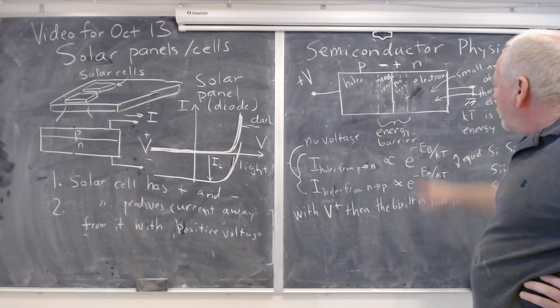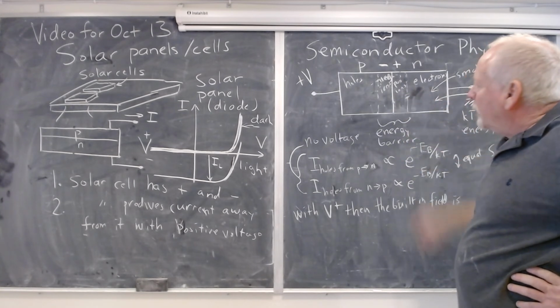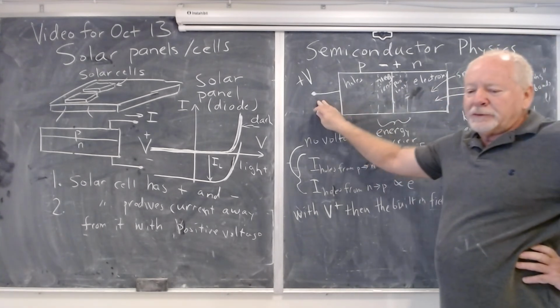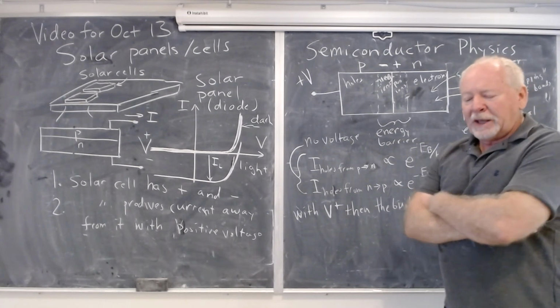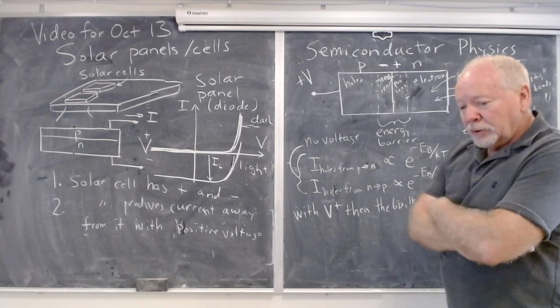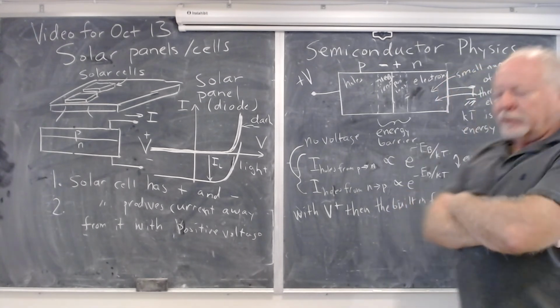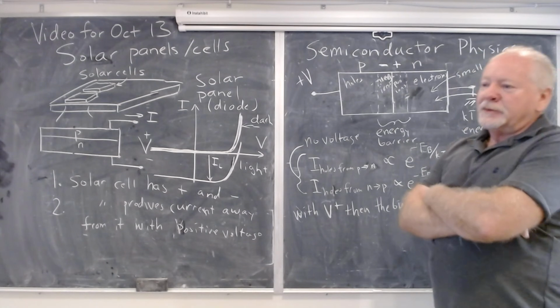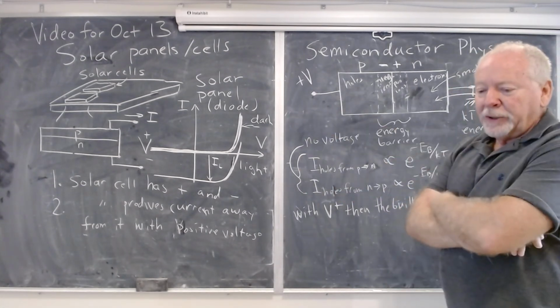Now, I said that these ions here create an energy barrier, and so when I put a positive voltage on the P side, what happens to that energy barrier? What effectively happens to it? Does it get smaller or does it get bigger? All right, class, who knows the answer? When I put a positive voltage, does the barrier get bigger or smaller?